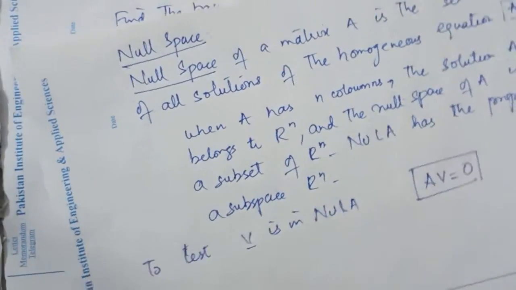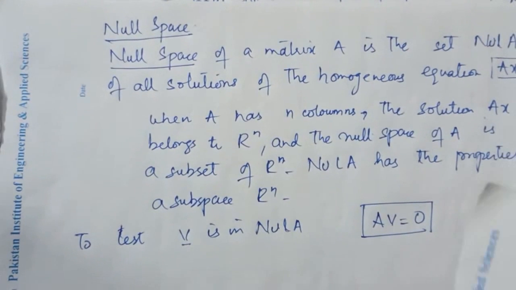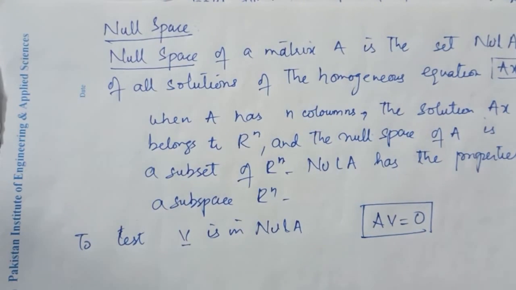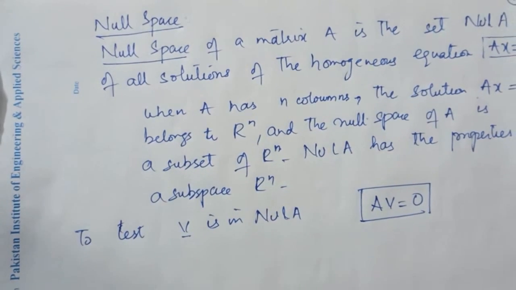Similarly, we defined the null space of a matrix as the set Nul A of all solutions of the homogeneous equation Ax equals 0.